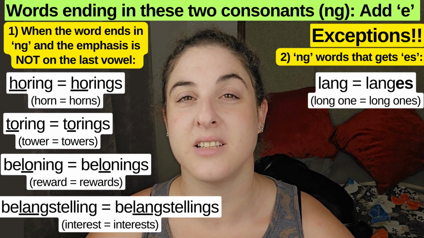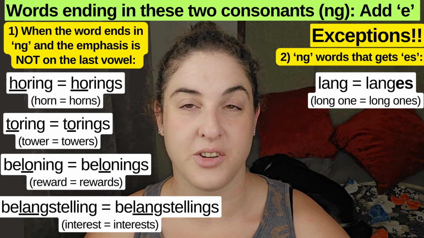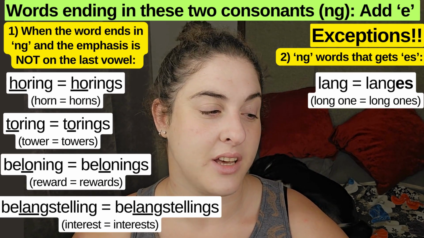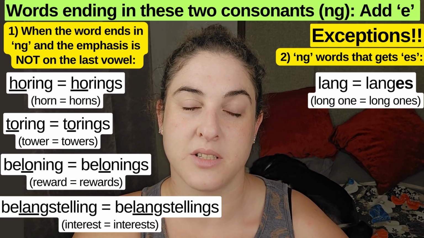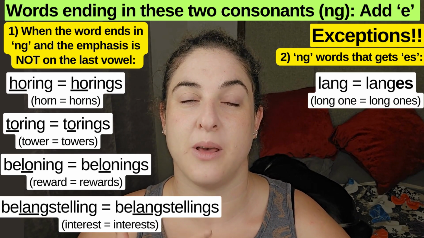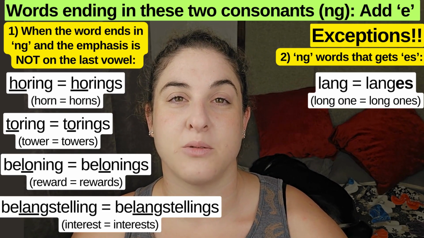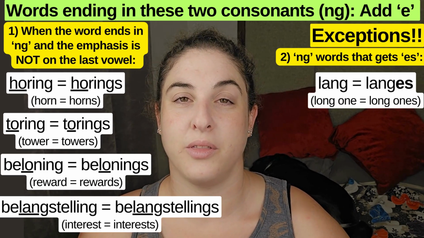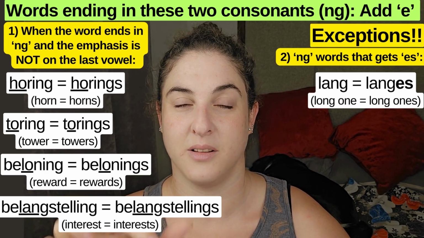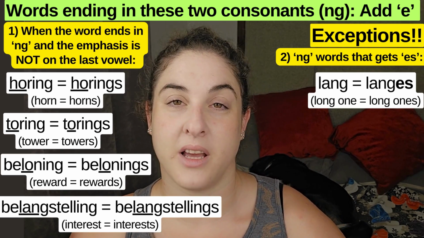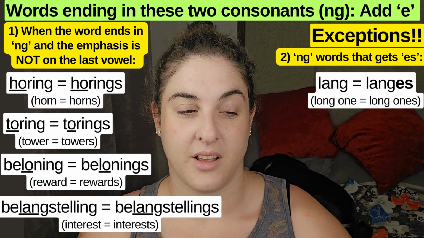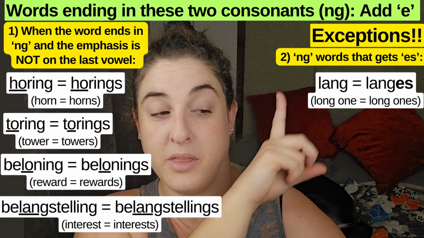Belangstelling, belangstellings. Interest, interests. Now you'll see I underline the part in these words in Afrikaans where you should emphasize it. And that is why, since the emphasis is not on the last ng part of the word, it gets an S.